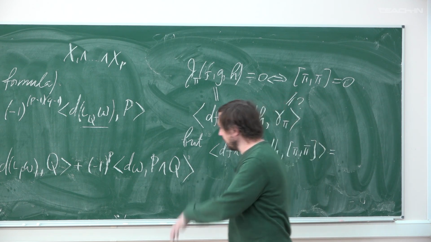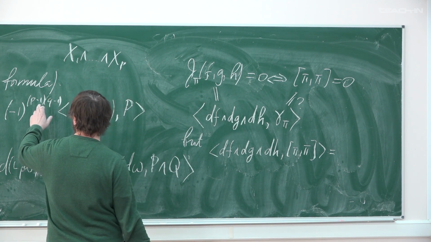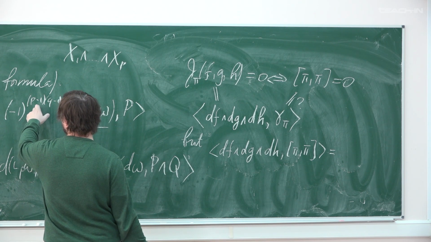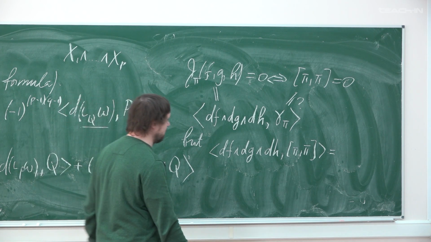So first of all, the first term: p is equal to 1, p is equal to 2 and q is equal to 2. So here we have minus 1 to the power 1. It is just minus.